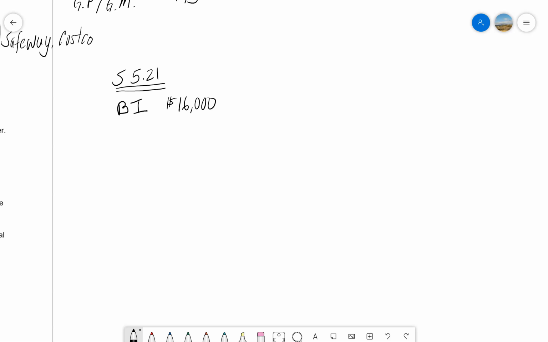And then we're going to add our net purchases. Net purchases is basically all of our purchases. If we look at the question, we had purchases of $180,000. Now, we have to subtract any returns and allowances. We returned $12,000 of inventory, so we have to reduce that.